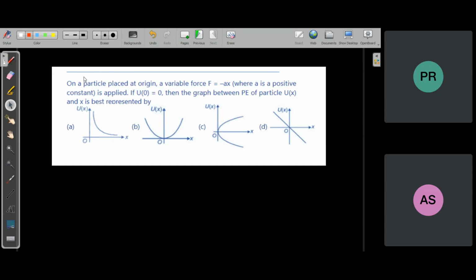What are they asking you? The potential and displacement graph is the position graph. No, D is not correct. Sir, initial is mentioned as zero. Yes, but initial is 0 in B also, C also, D also.